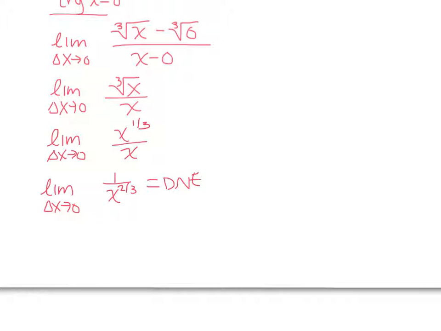It'll approach positive infinity, but for right now, it doesn't exist. What that means is that this function is not differentiable at x equals 0. If the limit doesn't exist, it's not differentiable because a derivative is just a limit.